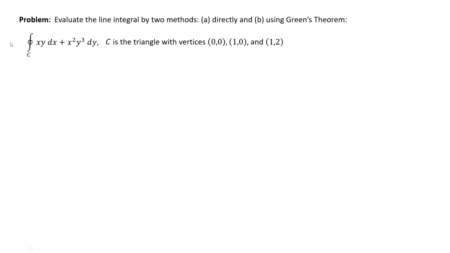Obviously, here we have a line integral, contour integral, and the curve itself happens to be, the contour happens to be a triangle with vertices located like this. Cool. So that's how the problem statement was. So I went ahead and said, okay, let me draw this just so that we can be clear about what the curve looks like.